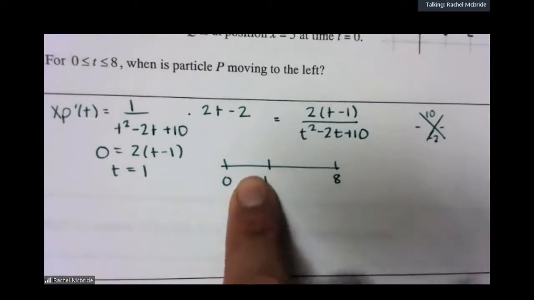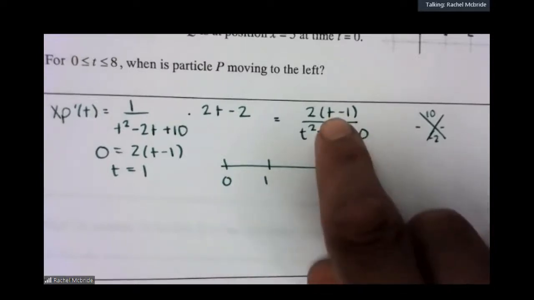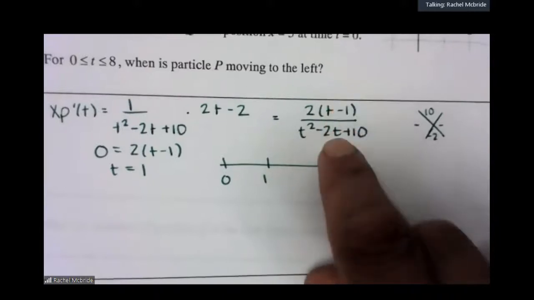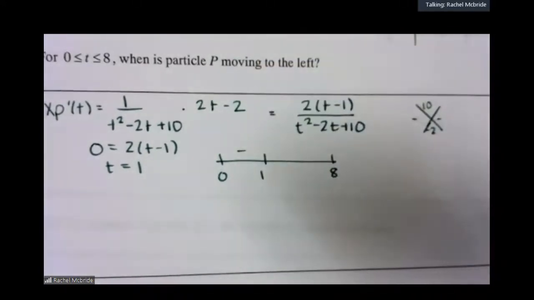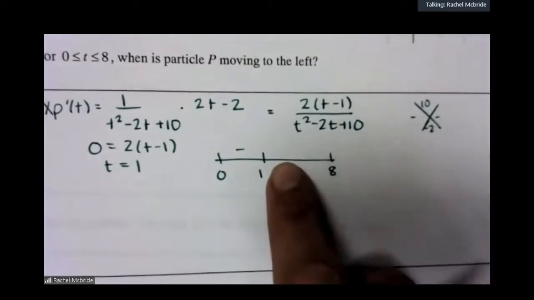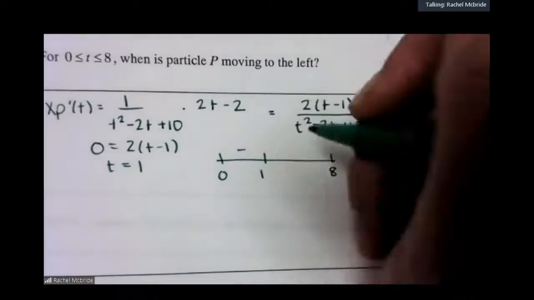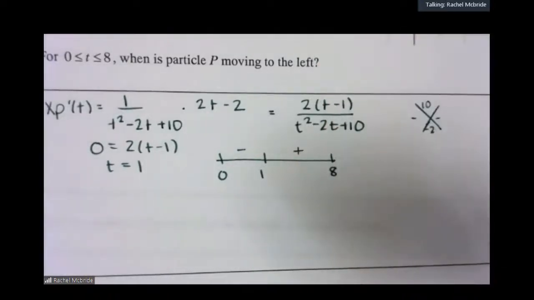So plugging in 0.5. 0.5 minus 1 is negative 0.5. Negative 0.5 times 2 is negative. We just said the denominator is always positive. So it makes it negative from 0 to 1. Plugging in 3. 3 minus 1 is 2. Positive, positive, positive, positive. So that's positive.